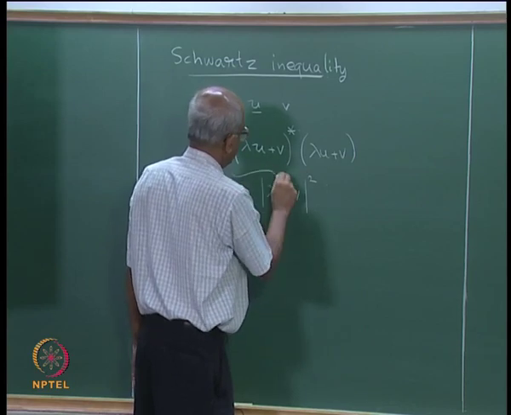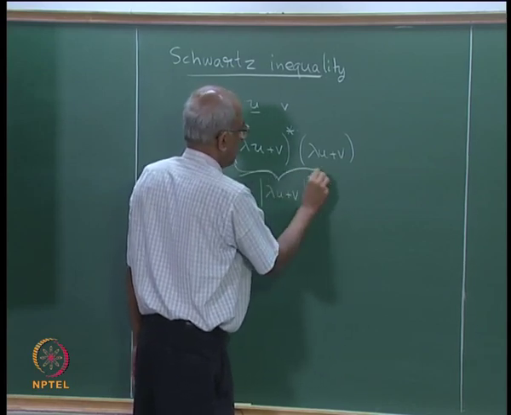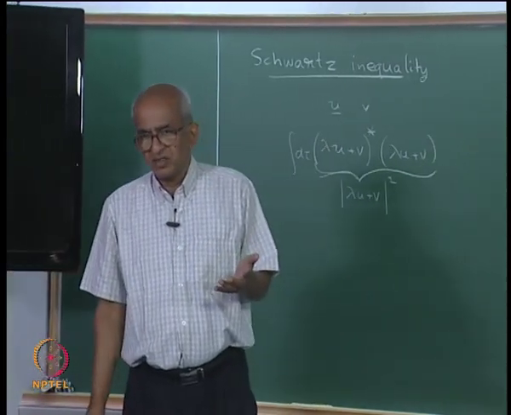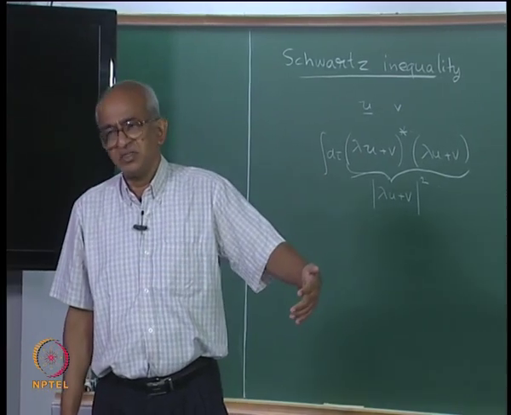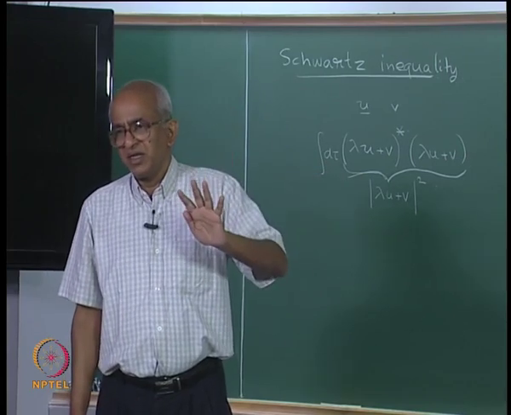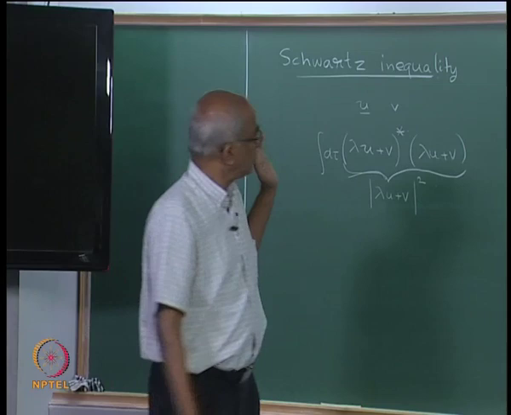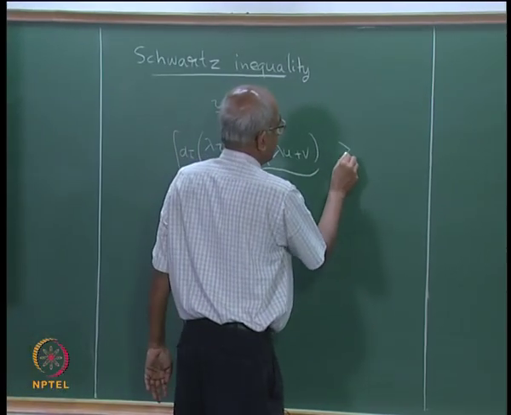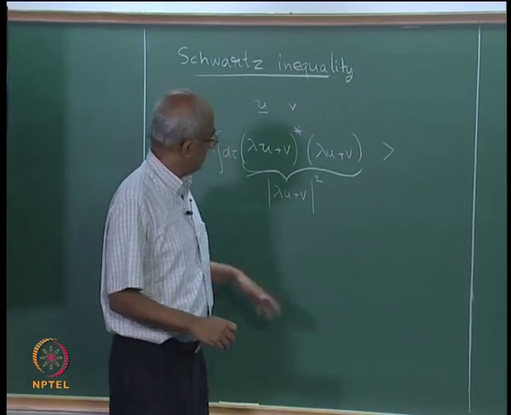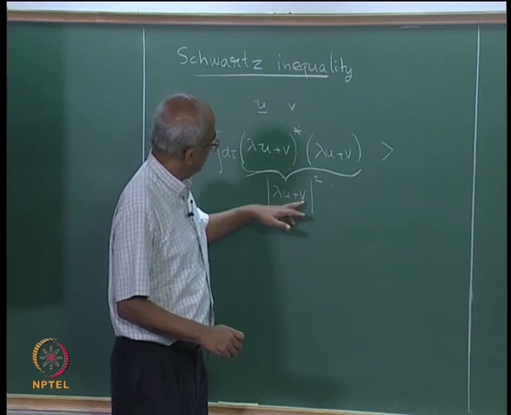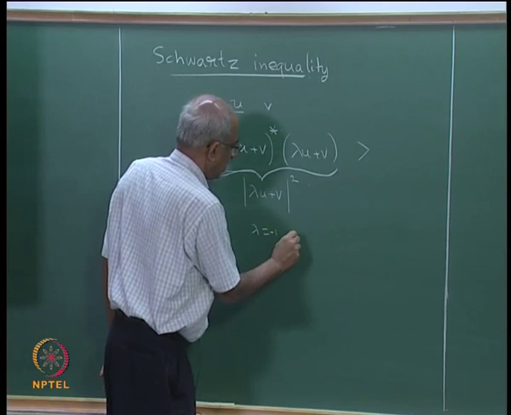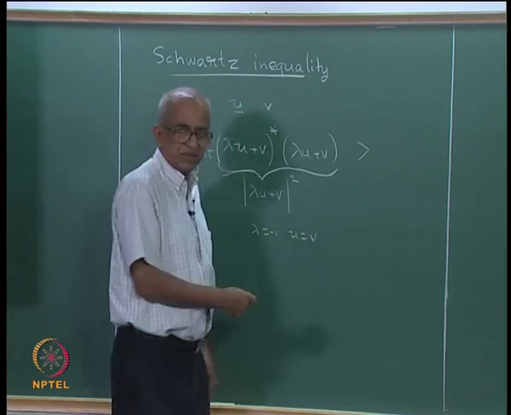That is what this object is, and this I know has to be positive, and therefore, if I integrate it over the entire space, what should I get? I should get a number which is definitely greater than 0. But it may so happen that I was not very careful, and then what might happen is that I have taken lambda to be minus 1, suppose, and u to be equal to v, suppose, by accident I chose that.